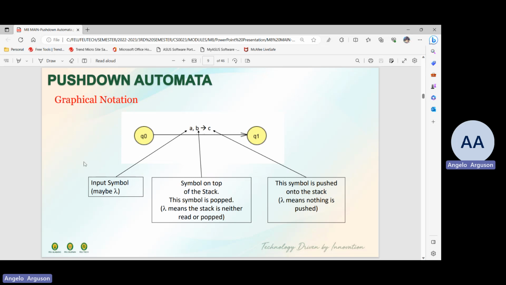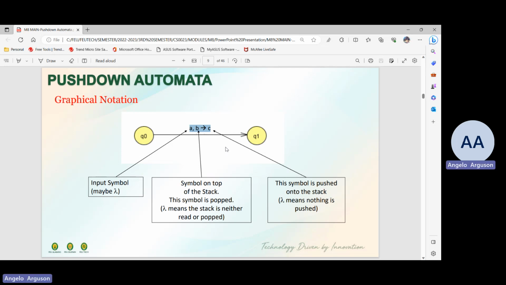The following diagram shows a transition in a PDA from state Q0 to state Q1, labeled as A, B, and C. This means that at state Q0, if we encounter an input symbol A and the top symbol of the stack is B, then we pop B, then push C on top of the stack.